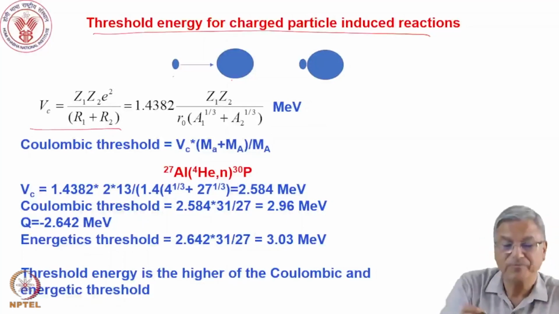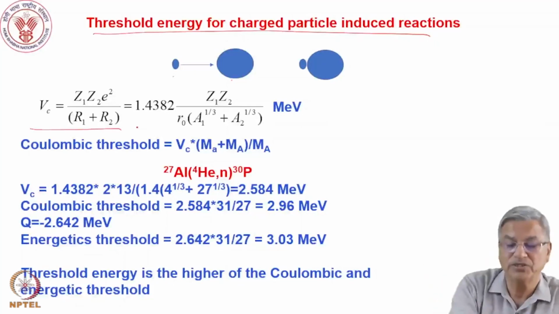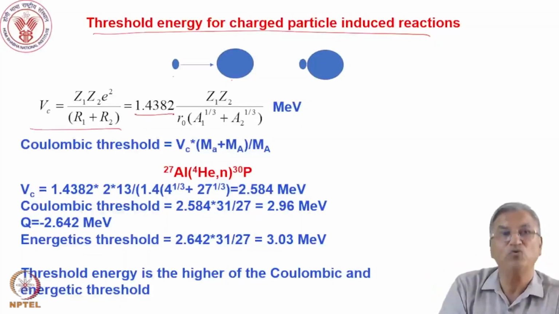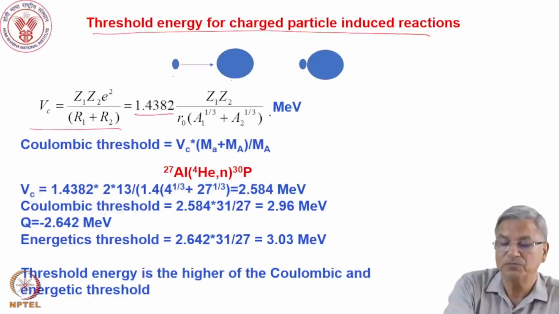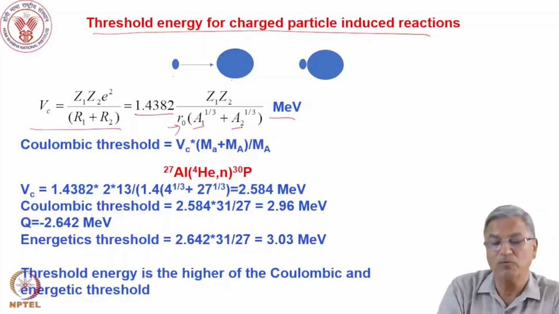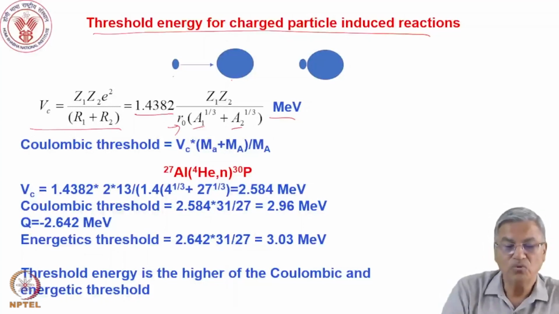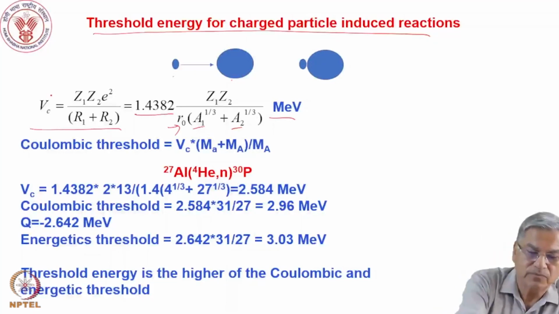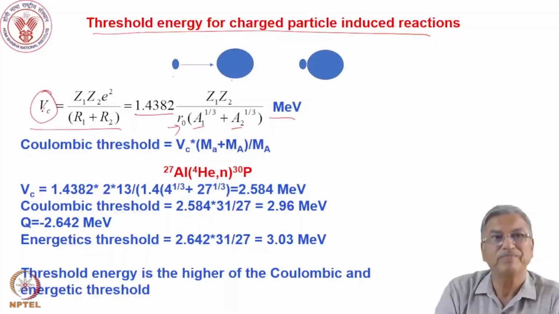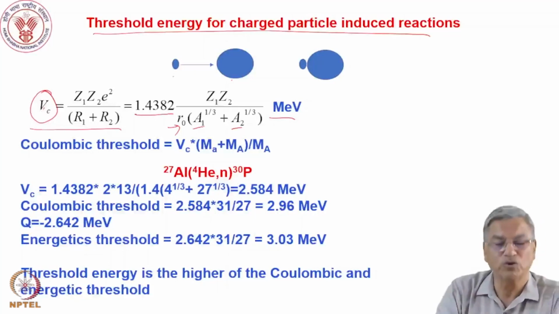If you recall the previous lectures, we have lumped certain units into the 1.44 factor so that the energy becomes MeV, and R0 is the radius constant 1.4, with the mass numbers of projectile and target raised to the power 1/3. Now if the projectile has to have this much energy in the center of mass system, only then will the Coulomb barrier be crossed.